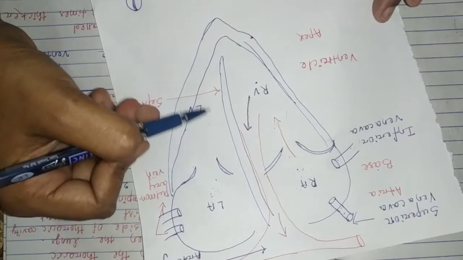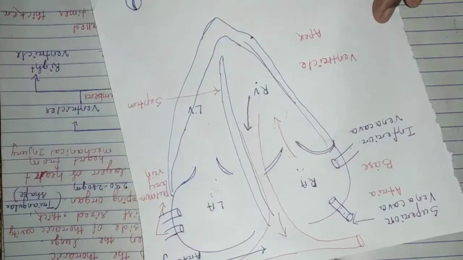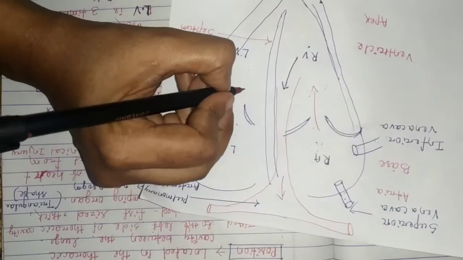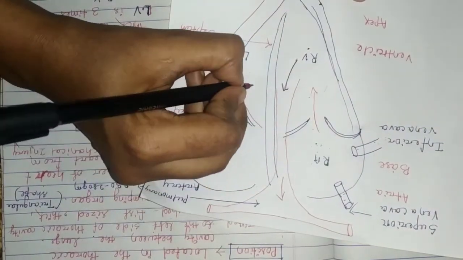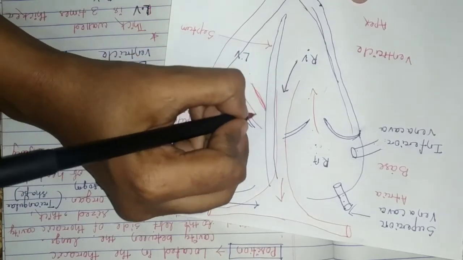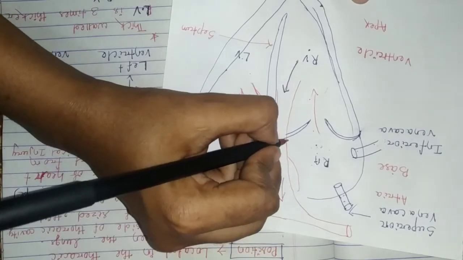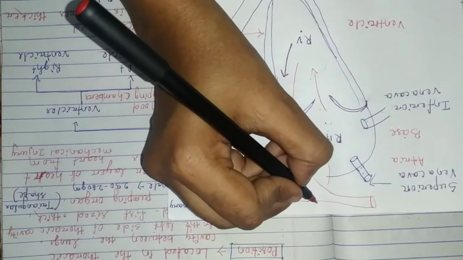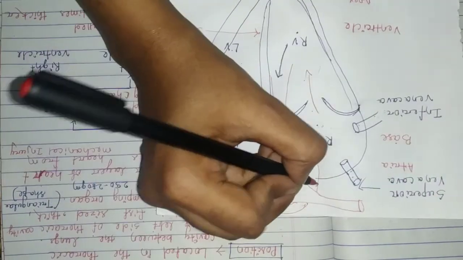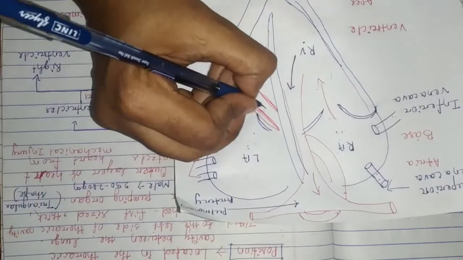Now from the left ventricle, the oxygenated blood is pumped to each and every part of the body through another blood vessel, which is known as the aorta, and this is the largest artery.